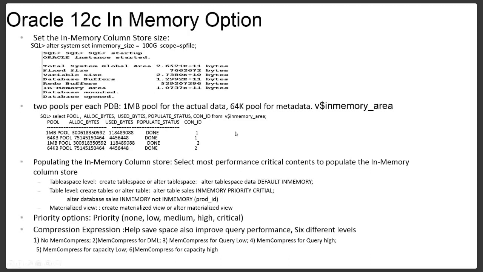But you'll expect some delay if you have a very heavy OLTP application running on your database. So the recommendation is you can have a mixed workload, but don't put a too heavy OLTP application on the buffer cache. Otherwise, you will see some delay.